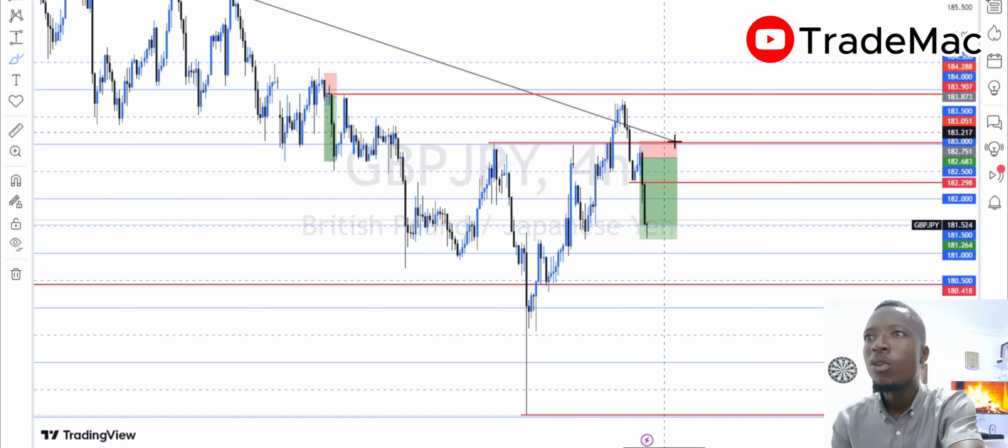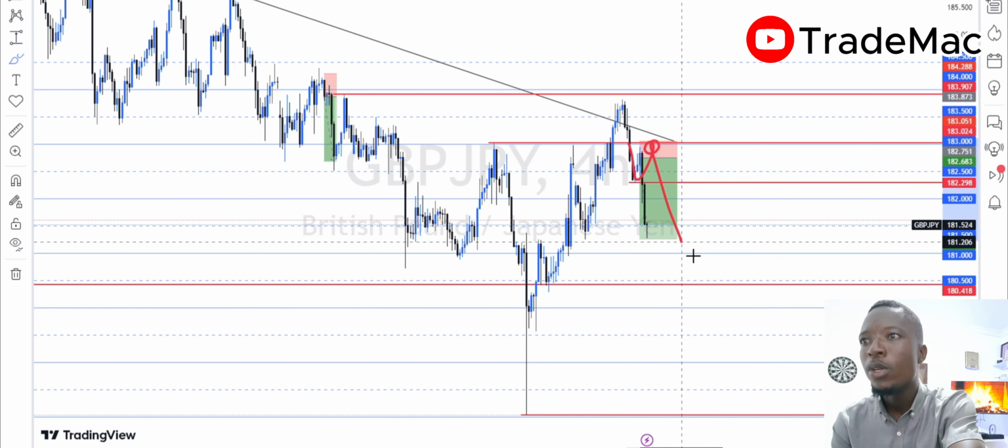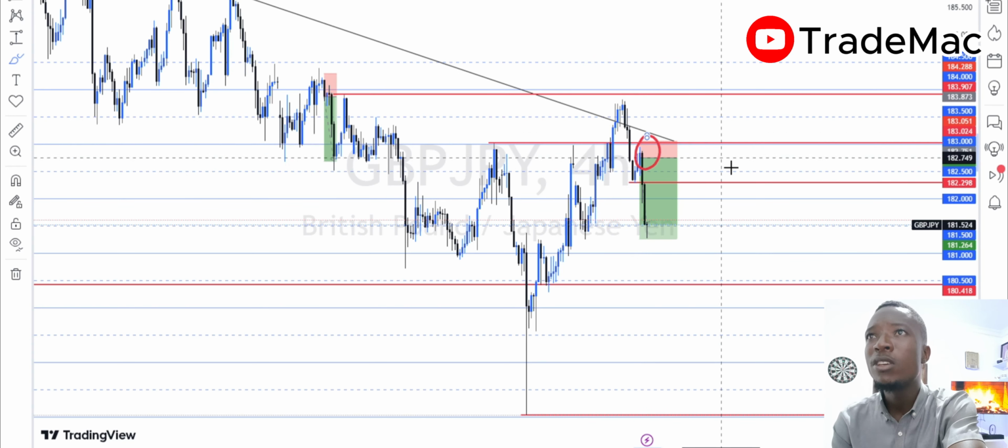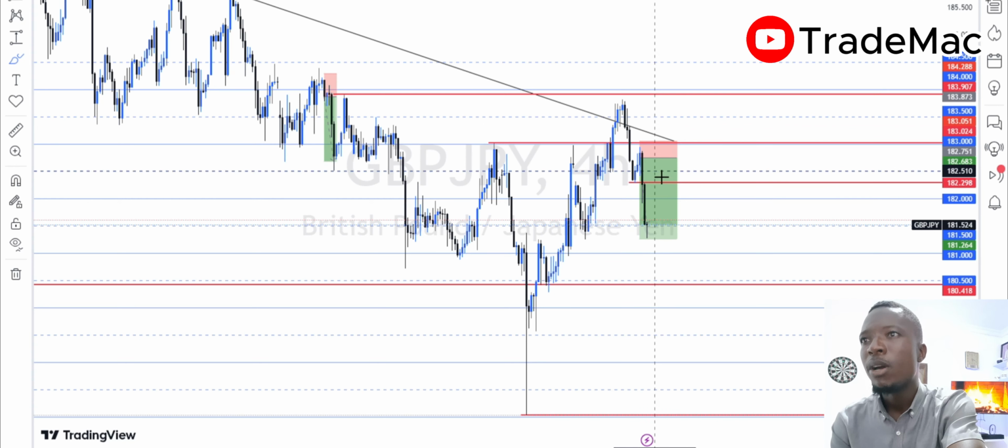After closing below the trend line, I was anticipating the market giving us another touch right here before we go for the sell. I was also anticipating that at this very zone, the market would create an entry for us to be part of this bearish move.